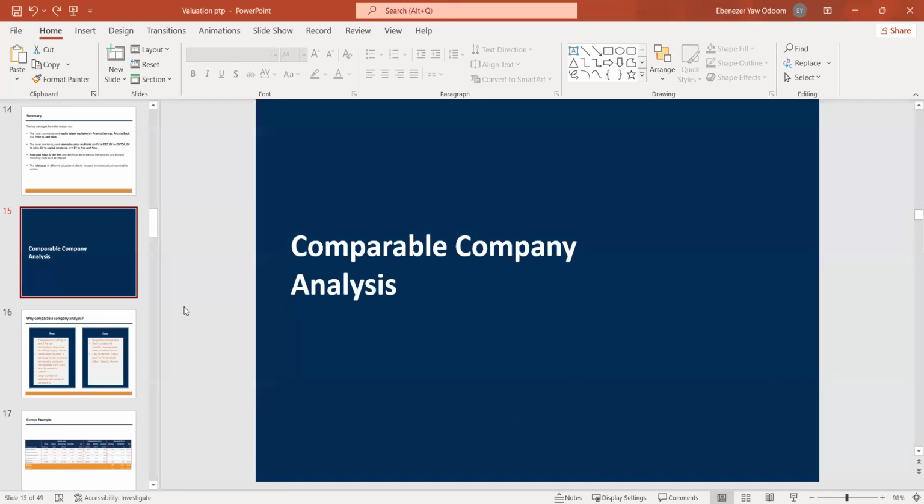We have not delved deep into the discounted cash flow model. I just want you to get the concept that with the discounted cash flow model, we try to forecast the business's cash flow into the future and discount it into present terms to estimate the value of the business.